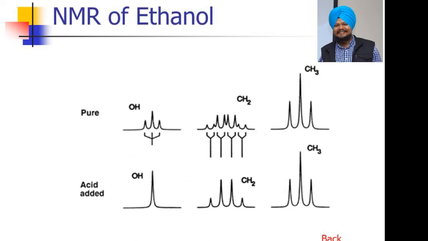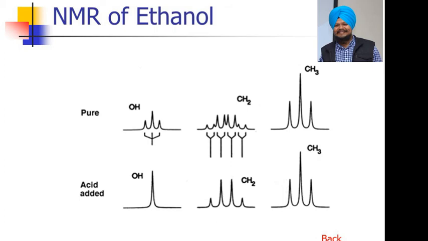For example, in the case of ethanol, there are 2 examples. It is a very important question. One is pure ethanol, where OH is not participating in hydrogen bonding. In acid added ethanol, OH participates in hydrogen bonding, and the OH bond is prolonged and reaches out of the scope of the CH2. Therefore it will not exchange any energy with CH2, which is the neighbor of OH.